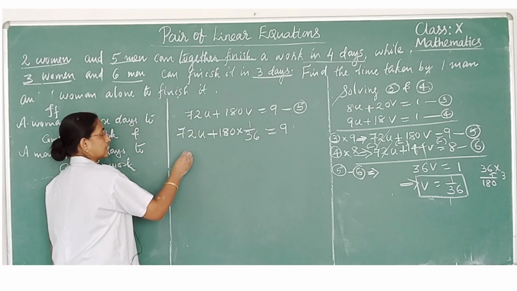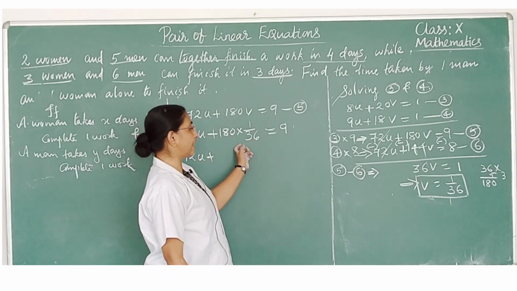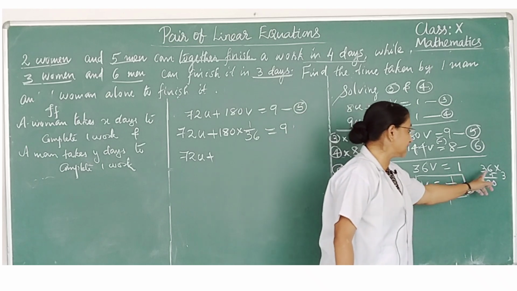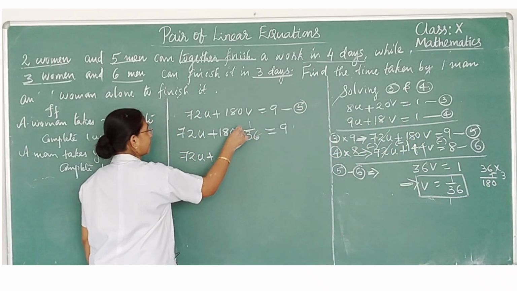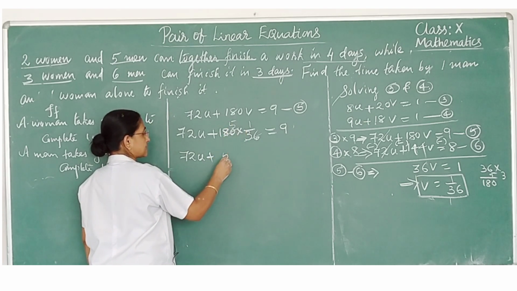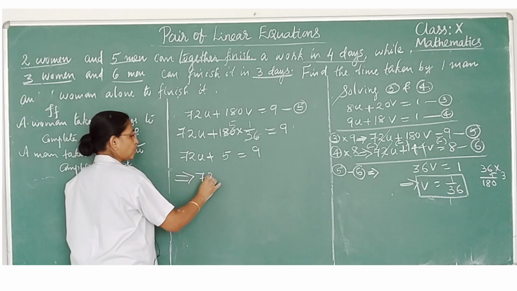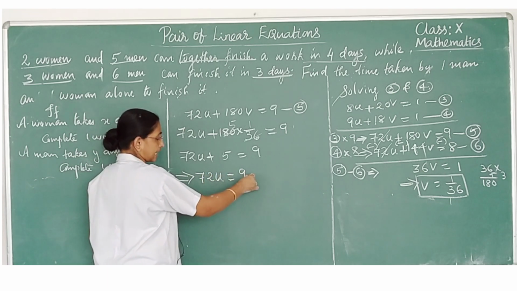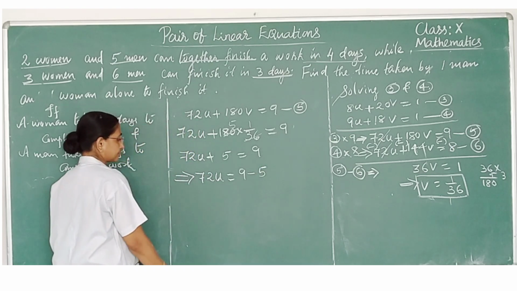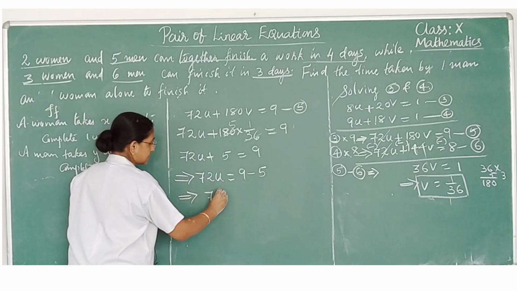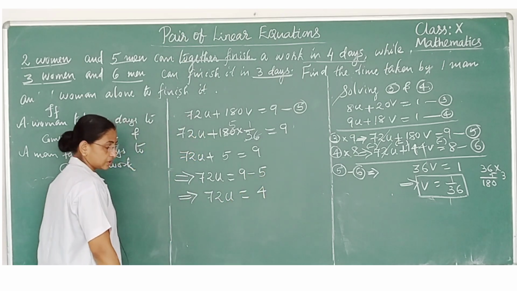So that 72u plus, what is 180 into 1 by 36? 36 into 5 is 180. So cancelling, you get a 5 here. So plus 5 equal to 9, which implies 72u equals 9, plus 5 on the right side becomes minus 5, which implies 72u equals 9 minus 5 is 4.